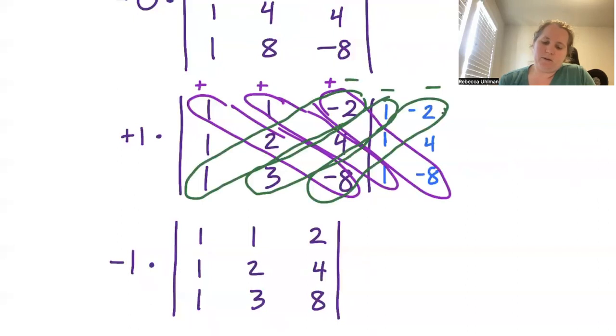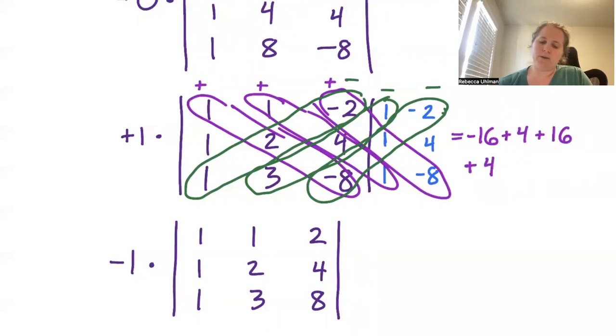And we wind up with 1 times 2 times negative 8 is negative 16. Then we have plus 1 times 4 times 1, so plus 4. And we have plus negative 2 times 1 times negative 8 becomes plus 16. Then we are subtracting off negative 2 times 2 times 1, so we are adding another 4.